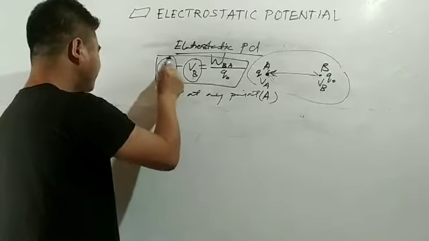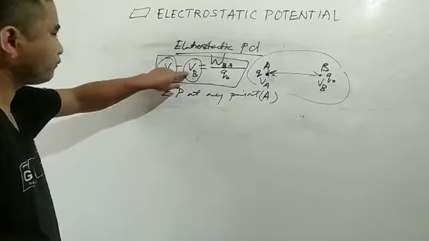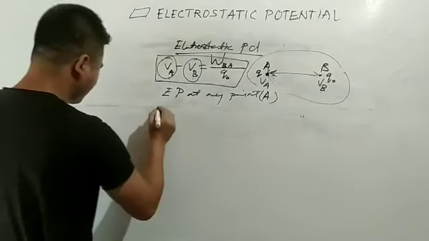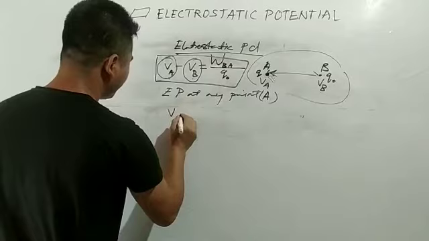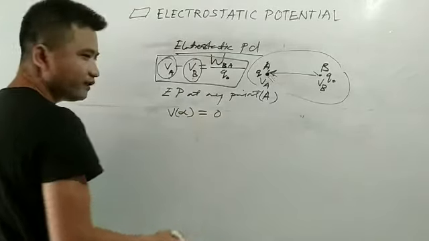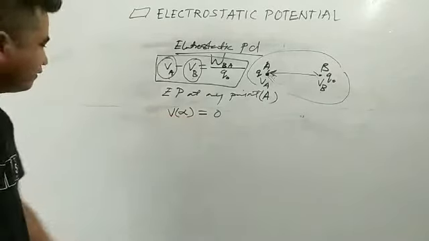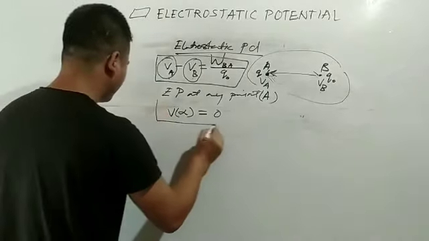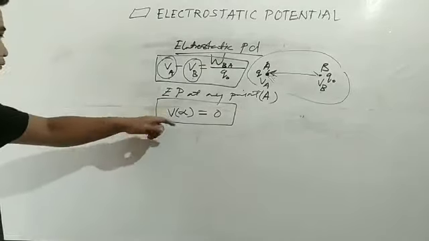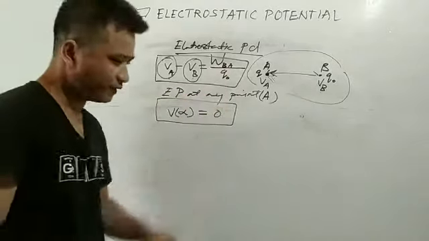We are interested in finding this potential, so we have to make this VB 0. Now in physics, we assume that potential at infinity is 0. You have to remember this point. Using this point, we will find the electrostatic potential at point A.